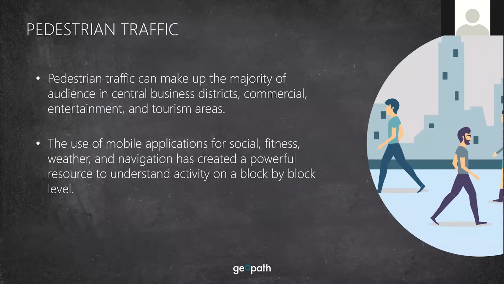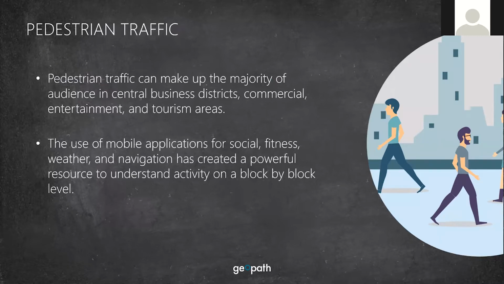Pedestrian traffic, right? This is the other side of the people that we are counting, and this can be the majority of audience in some areas. You know, down in a high density business district, core urban center, shopping strip, or a tourism area. Definitely high components of pedestrian audiences.